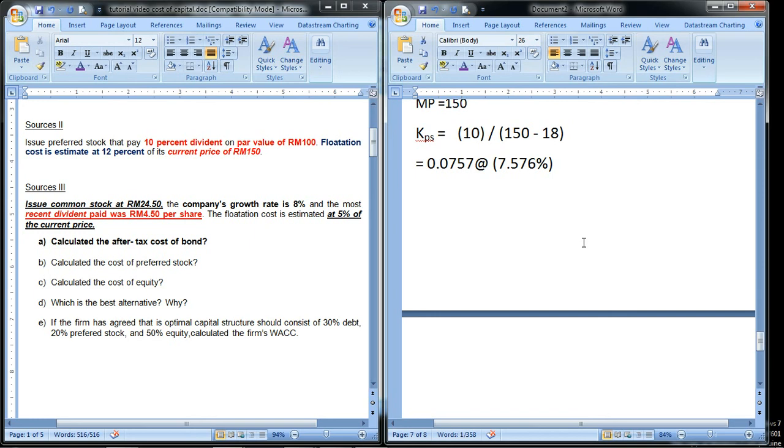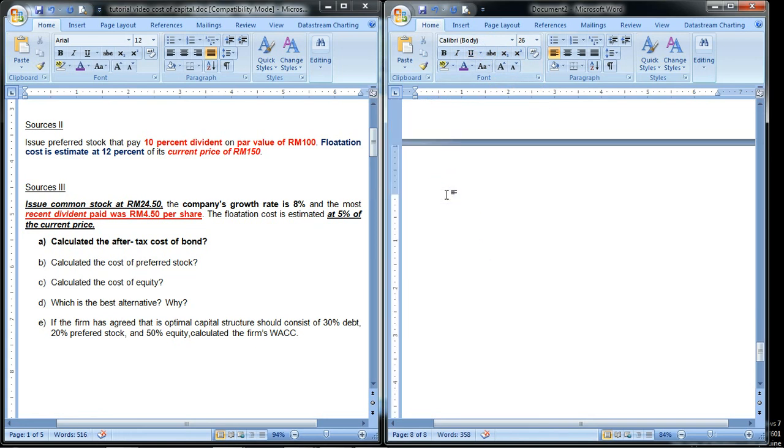That is the net cost of debt after tax. But preferred stock and common stock do not relate with tax at all, so you do not times by 1 minus tax. Clear? So this is our answer, cost of preferred stock. Done. Next, cost of common stock.